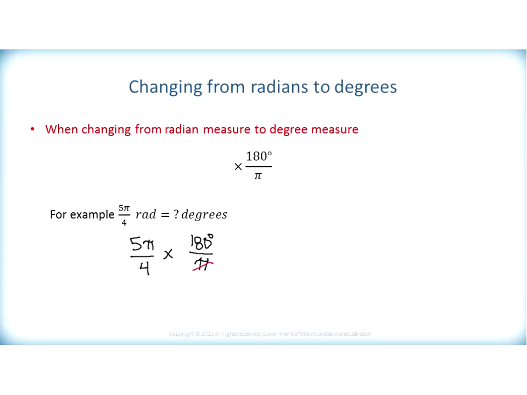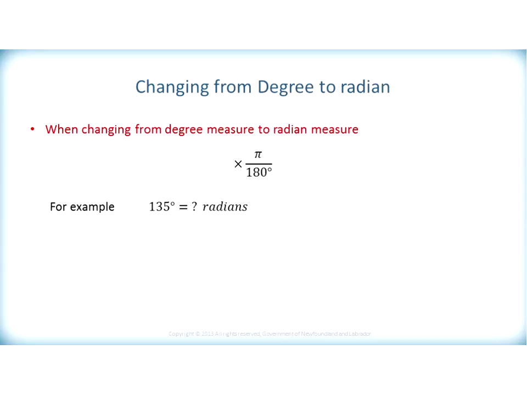This would cancel the pi's and give us 5 times 180 degrees over 4, which essentially is just replacing the pi with 180 degrees. This will give us 225 degrees.